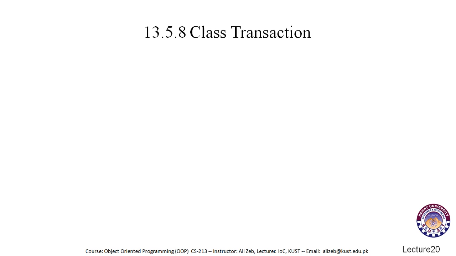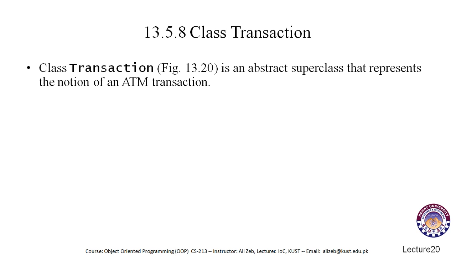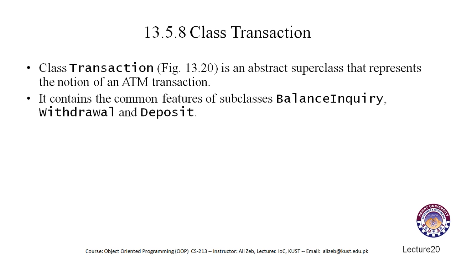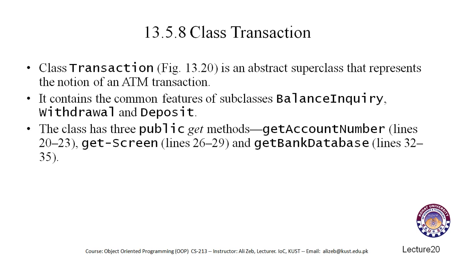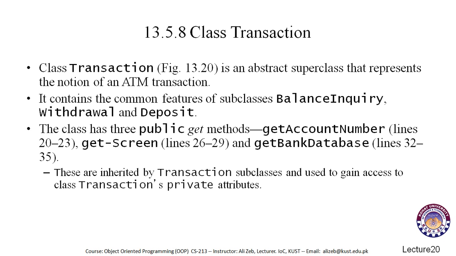In our transaction class, the class Transaction is an abstract superclass that represents the notion of an ATM transaction. It contains the common features of subclasses BalanceInquiry, Withdrawal, and Deposit. The class has three public get methods: getAccountNumber, getScreen, and getBankDatabase.